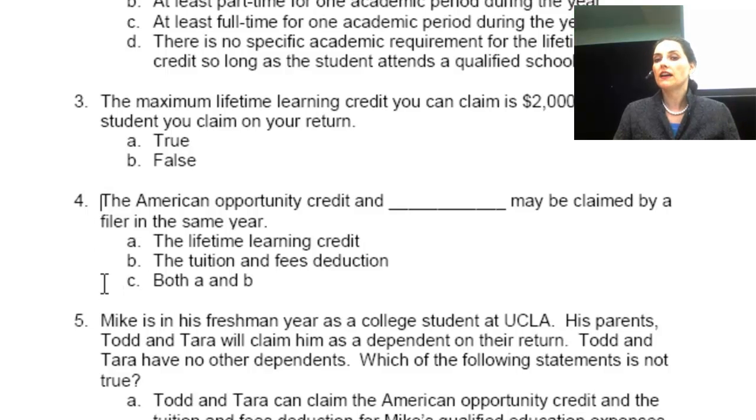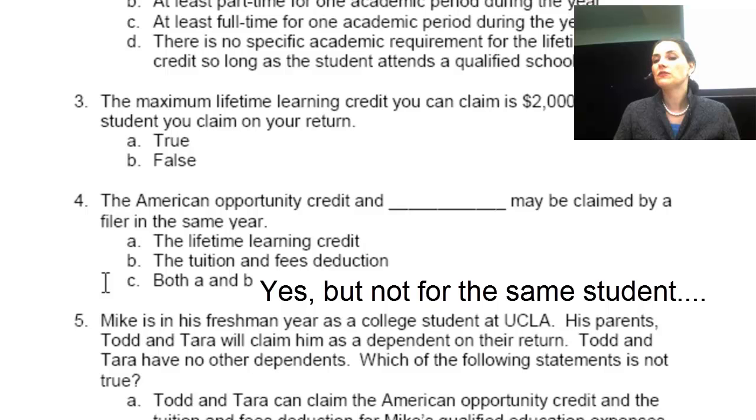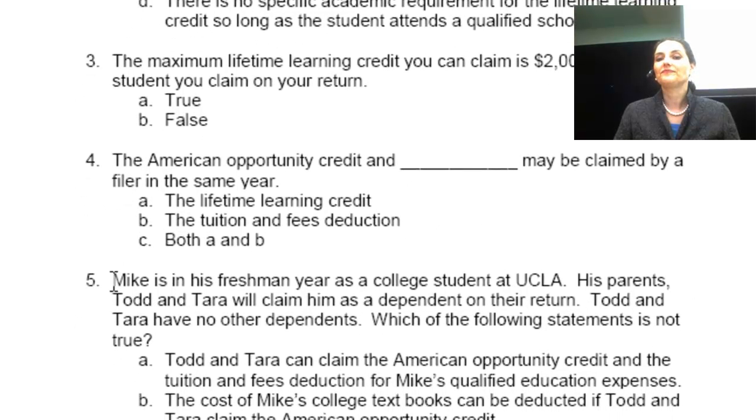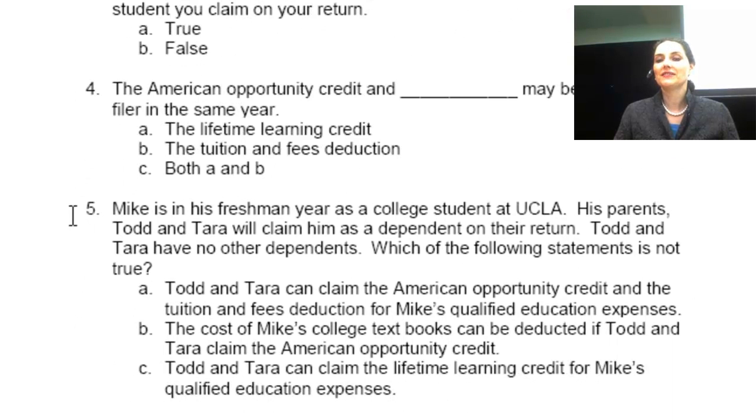Well, the answer is yes. I can actually claim both of those. I can claim all 3 of those different tax benefits in the same year on the same return, so long as I am not claiming them for the same student. In other words, to claim all 3 of these benefits on the same return, I would have to have 3 students who were going to school, taking higher education classes.